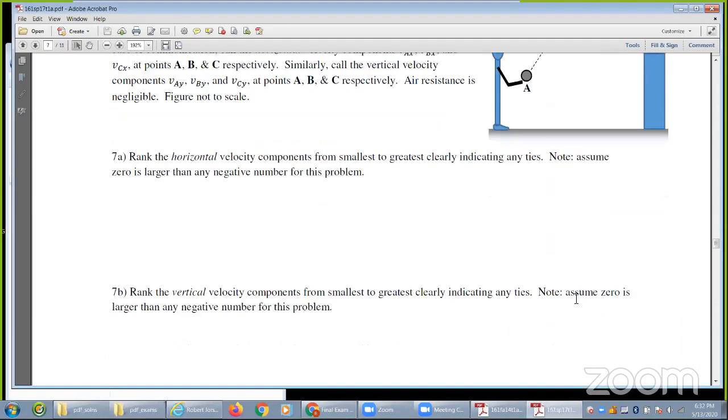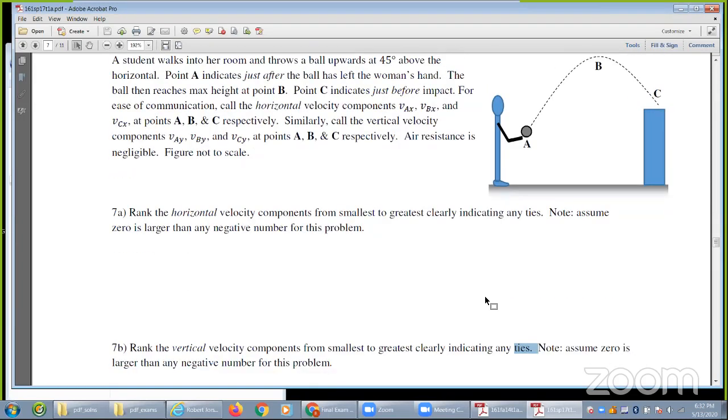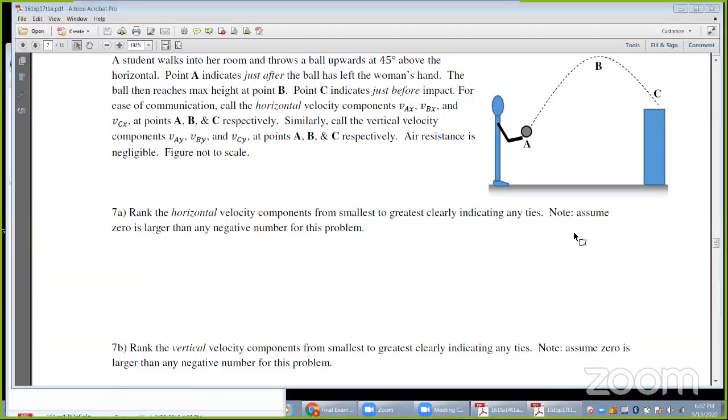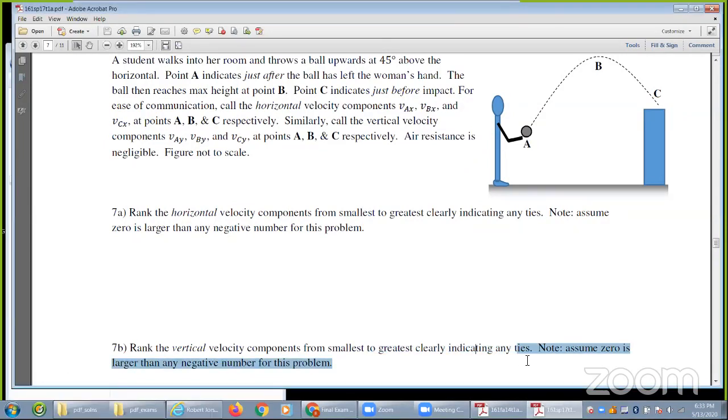All right, and so then how about the vertical velocity components? Assume 0 is bigger than a negative number. So which one's going to be the smallest? Again, read carefully.